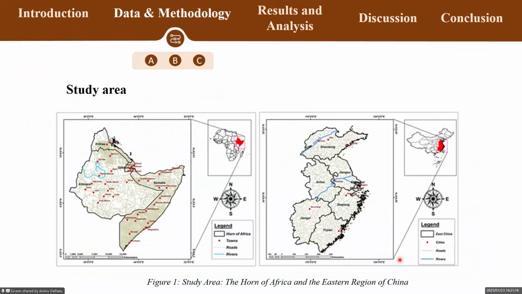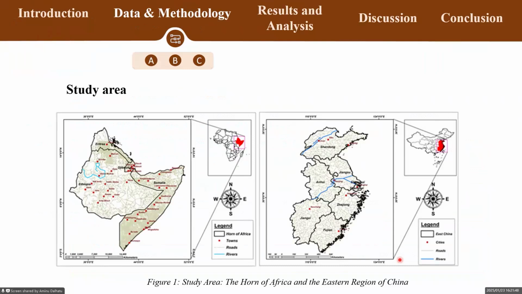As you can see, I have two regions, Africa and China. In the African part, I only chose the Horn of Africa. Some of you may be from one of these countries. It involves Djibouti, Eritrea, Ethiopia, and Somalia. And for China, I only took the eastern part.